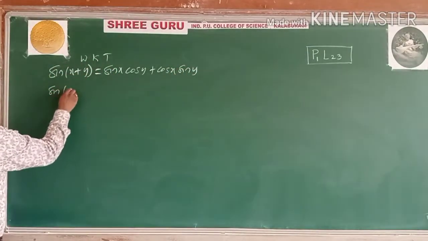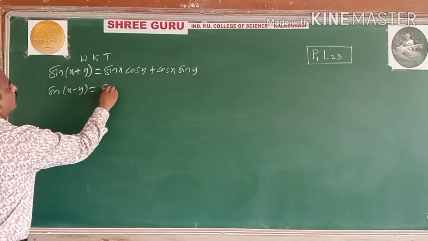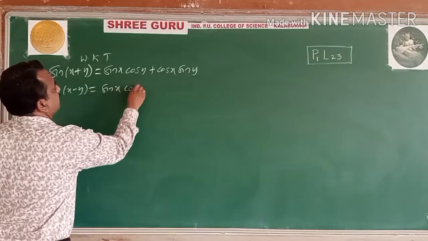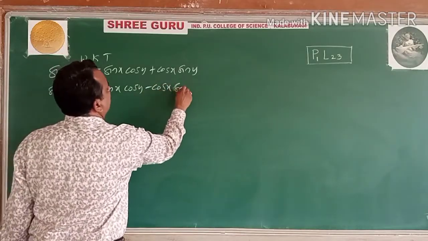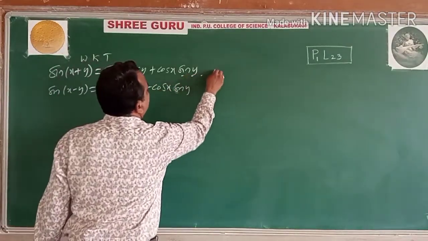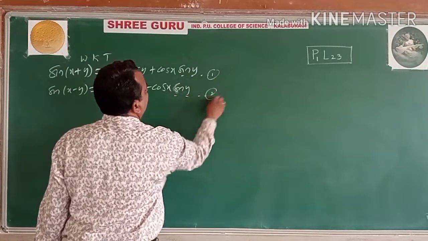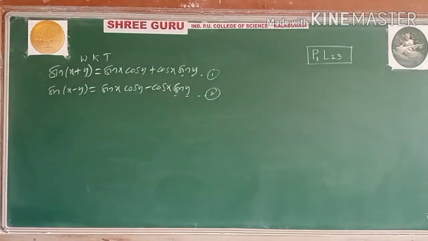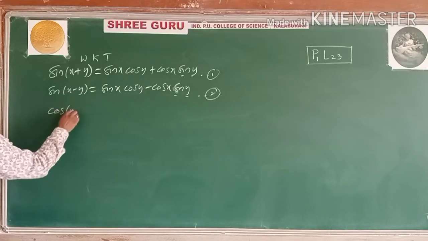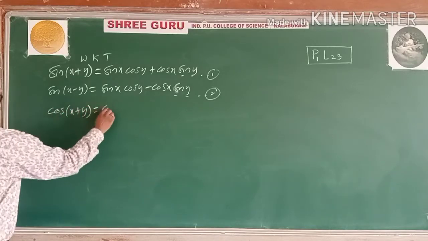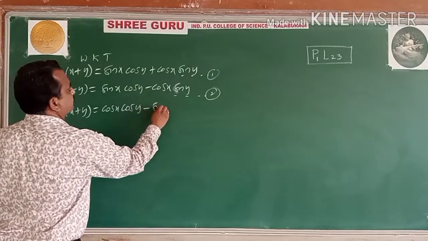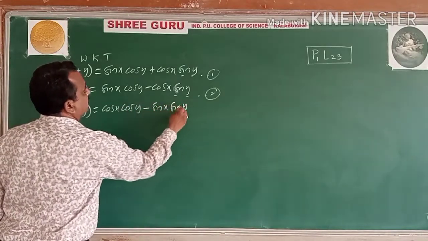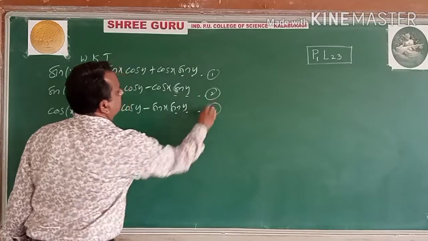Sin of x minus y is the difference formula; here I am writing separately: minus cos x into sin y. This is equation number 1. Equation number 2: cos of x plus y is equal to cos x cos y minus sin x into sin y.